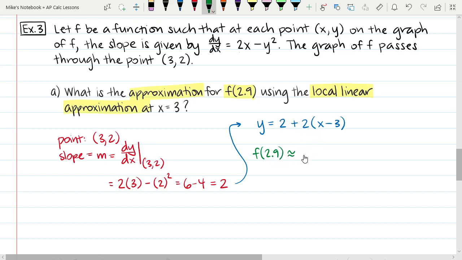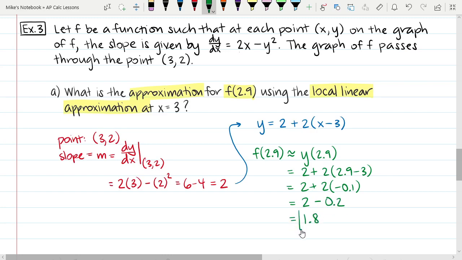So that's going to be approximately y of 2.9, which is 2 plus 2 times 2.9 minus 3. That's 2 plus 2 times negative 0.1, which is 2 minus 0.2, which gives us 1.8.